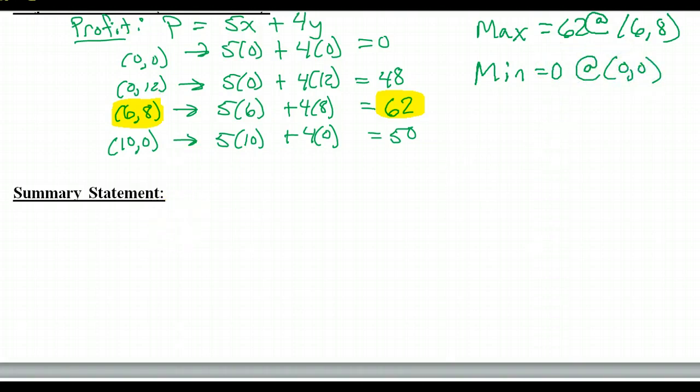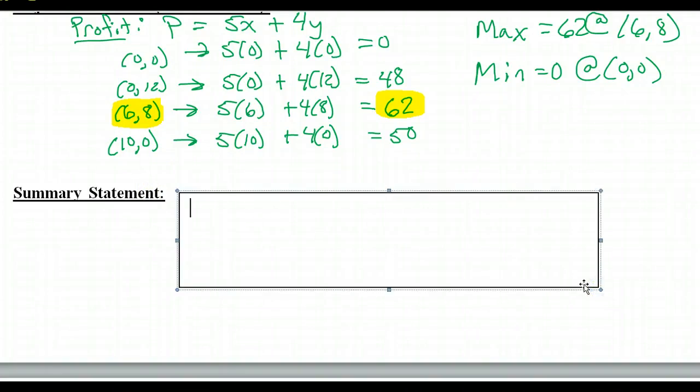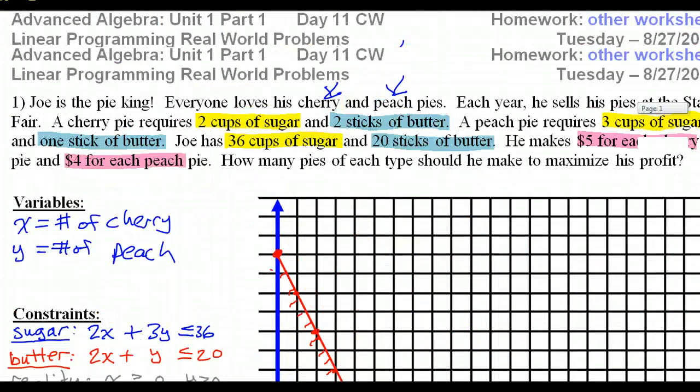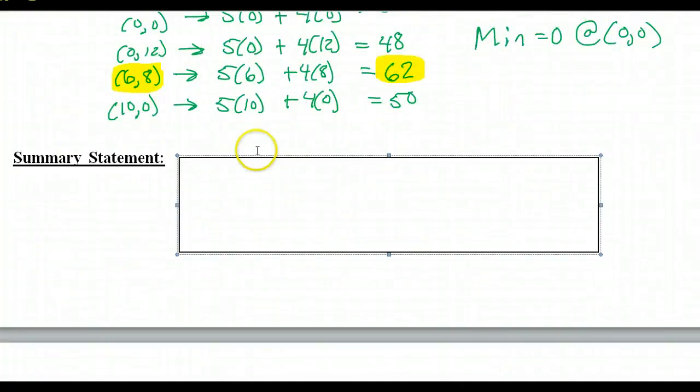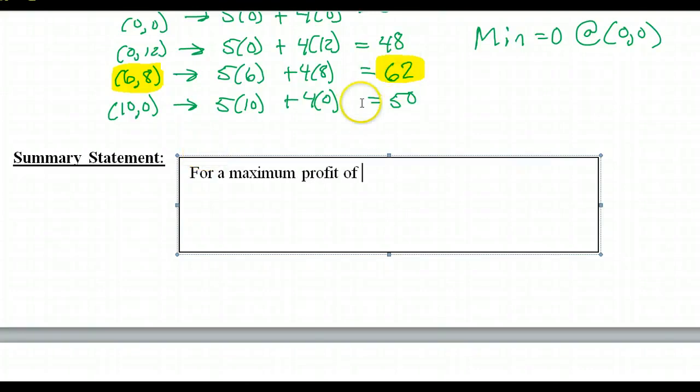So summary statement. Hey, where's my text box? All right, this is a person, Joe. Joe is the Pi King. Okay, notice that I'm going to mention all 3 of these numbers, the 62, the 6, and the 8. For maximum profit of $62, Joe should make 6.